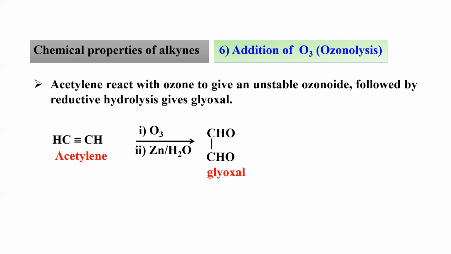Here we have not shown the formation of an ozonide. It's pretty straightforward, a single step reaction giving the final product, glyoxal. When you closely observe, oxygen has been added to both the carbon atoms. That's the end result of the reaction, giving us glyoxal.